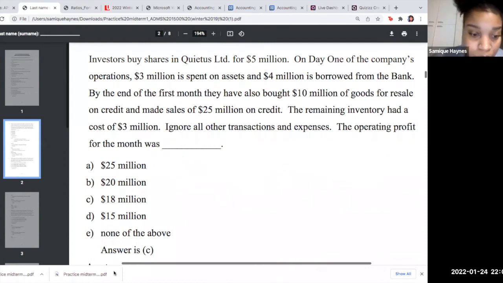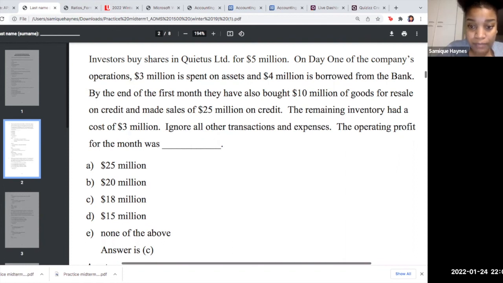So our income statement says that we have sales revenues, less cost of goods sold equals gross profit, less operating expenses equals operating profit.